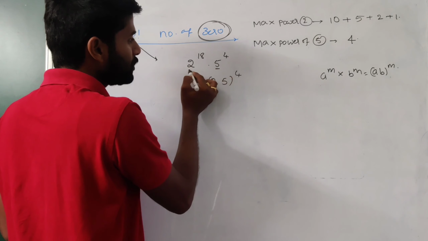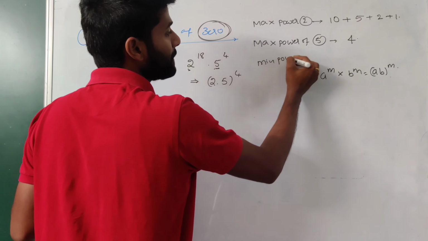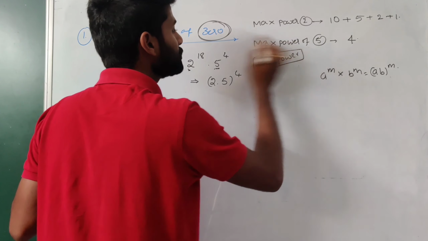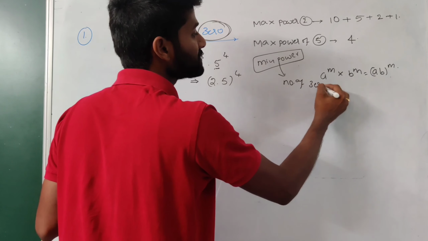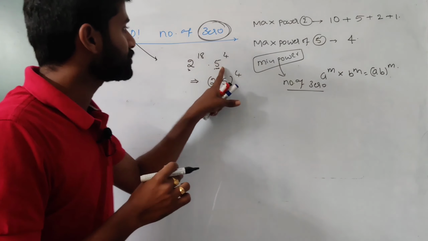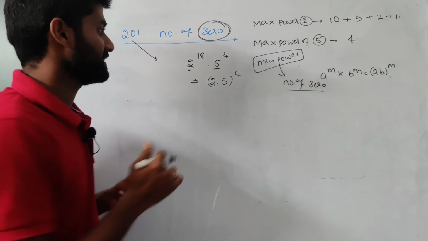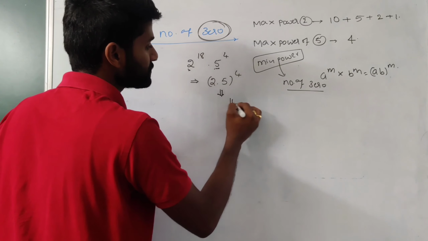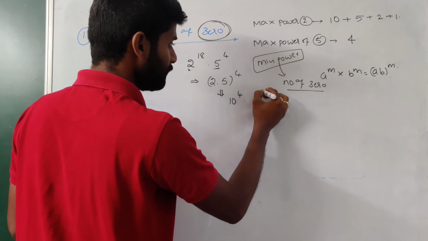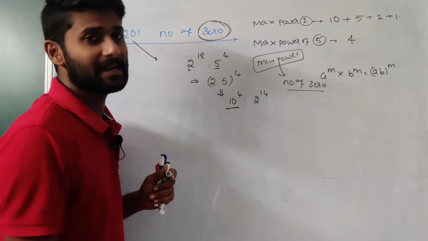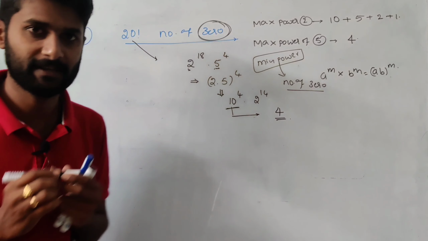Because out of these two numbers, the minimum power decides the number of zeros in the given expression. So the total is 10 power 4 into 2 power 14, and that decides the number of zeros. The number of zeros in 20 factorial is equal to 4 only.